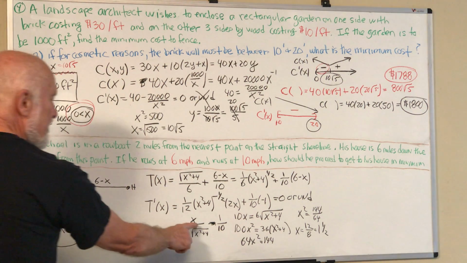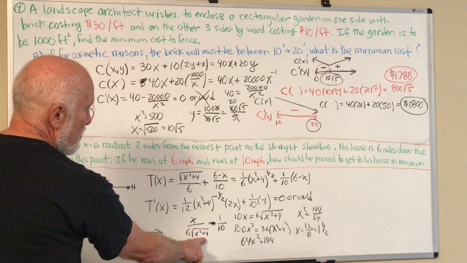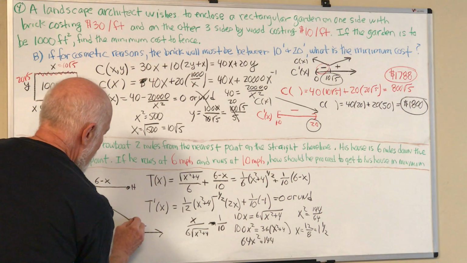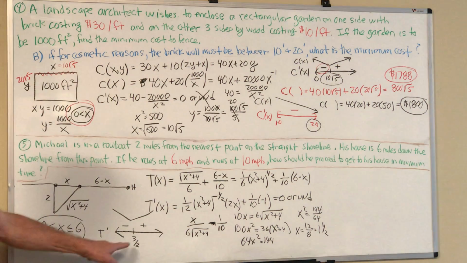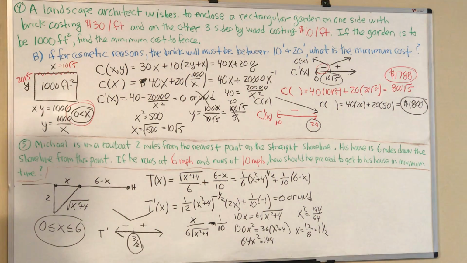But as x gets really large, like 6, then I get 1/2 minus 1/10, which is positive. So I can see that the absolute and local minimum is going to be when x equals 3/2.